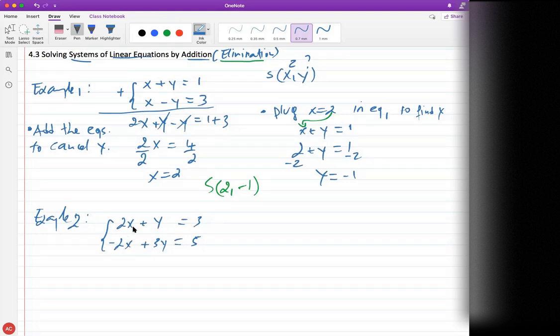Look at these two. Just like here, if we combine these, which variable, x or y, will eliminate? Shouldn't be that hard. We have an obvious one here. Guys, which one do you think will cancel out?